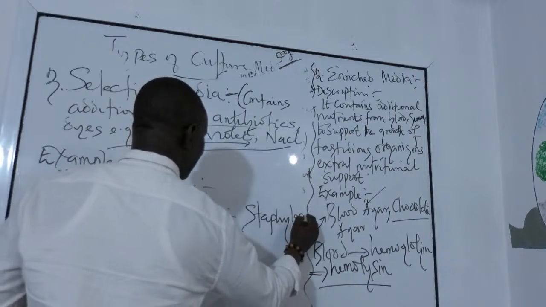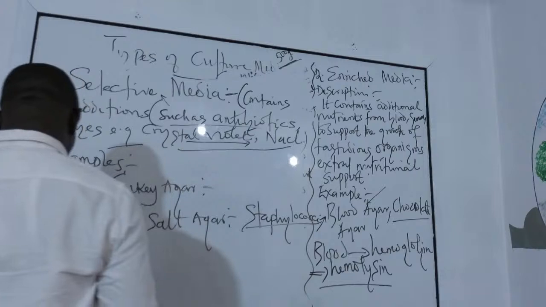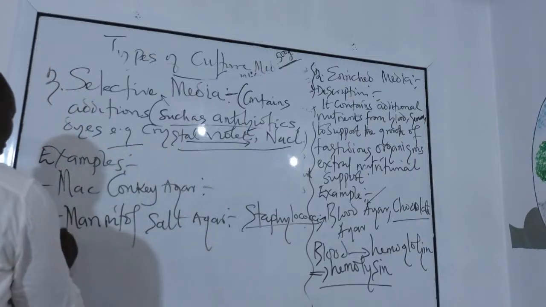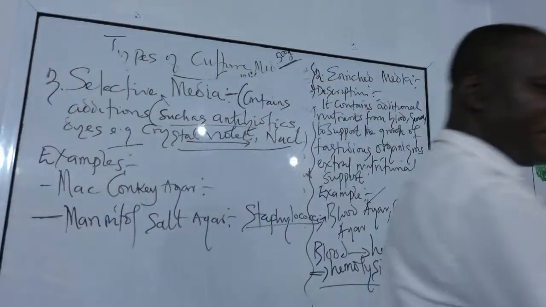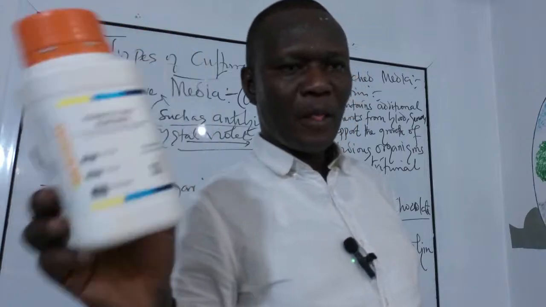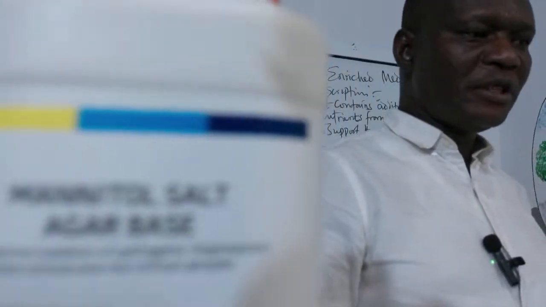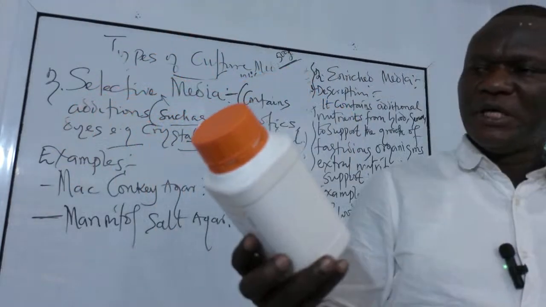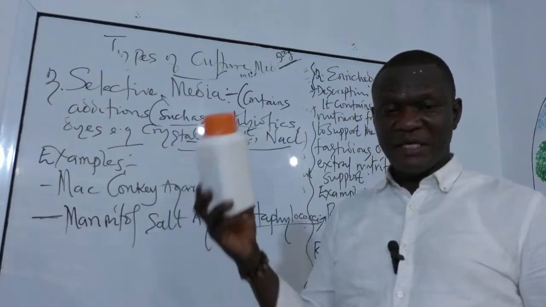So if what you are looking for is staphylococcus, you will use mannitol salt agar to prepare that. You can see mannitol salt agar, the same principle you use in preparing other agar like nutrient agar, the same principle.